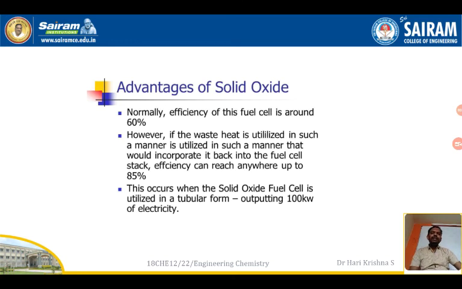The advantages of solid oxide fuel cells are: the efficiency is normally 60%. The heat is utilized such that the efficiency will increase. The solid oxide fuel cell is utilized in tubular form such that the output is 100 kilowatt of electricity.